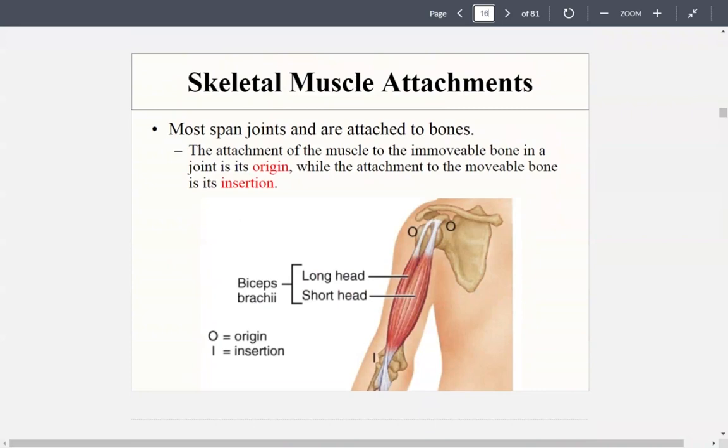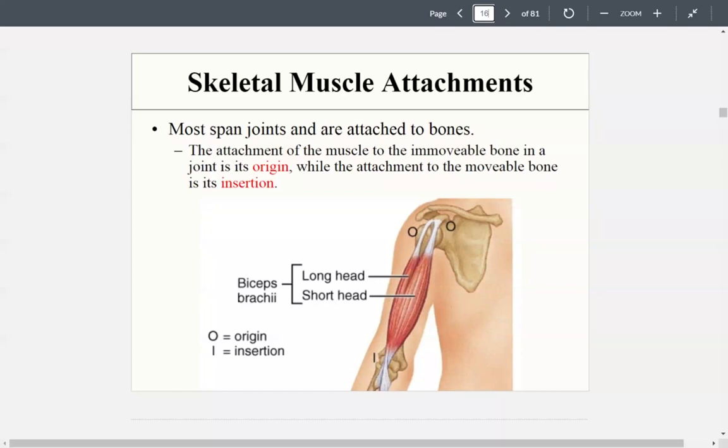Again, look at your bicep. We are going to be moving the forearm. So the bicep attaches up on the scapula and then attaches down on the radius and ulna. The attachment site that is attached to a bone that isn't moving in this movement pattern is referred to as the origin of attachment.